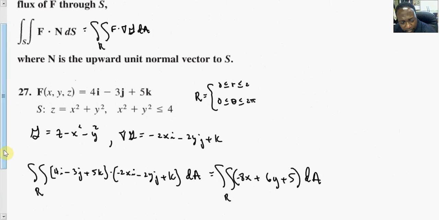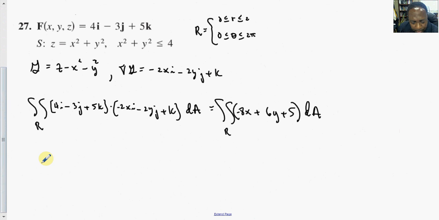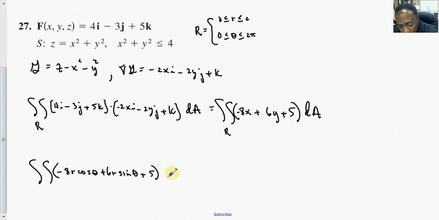Let's go ahead and do the conversion now. So this is the double integral. This is negative 8r cosine theta plus 6r sine theta plus 5. You know, for the cylindrical coordinates, you got to have r, then a dr d theta. r is going from 0 to 2.